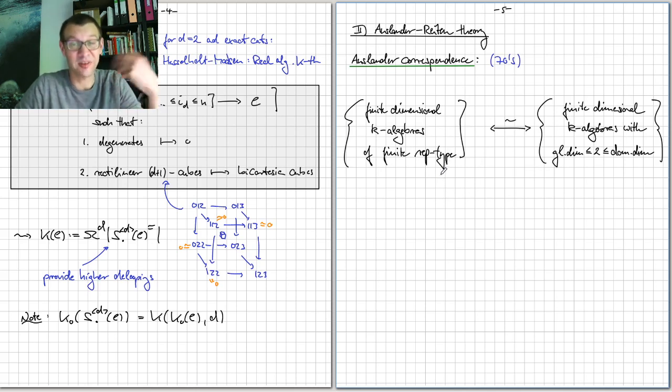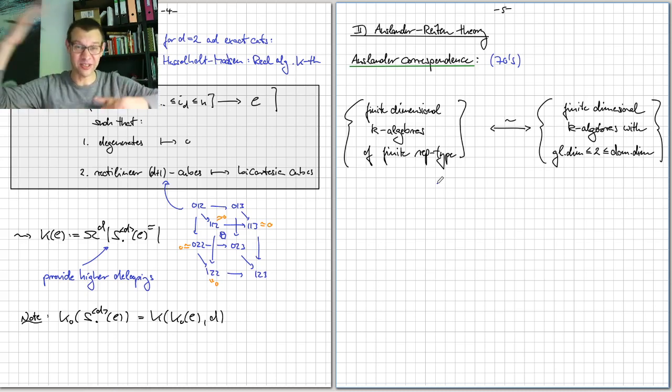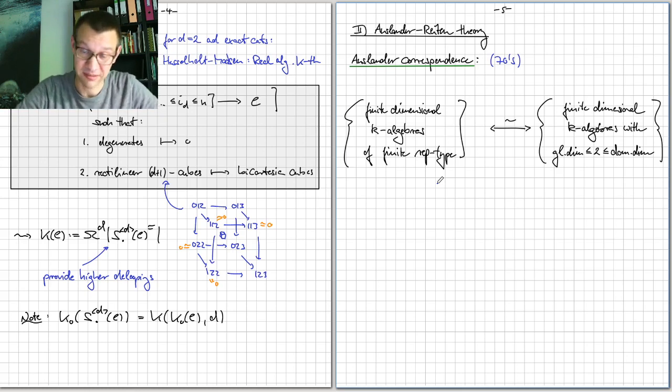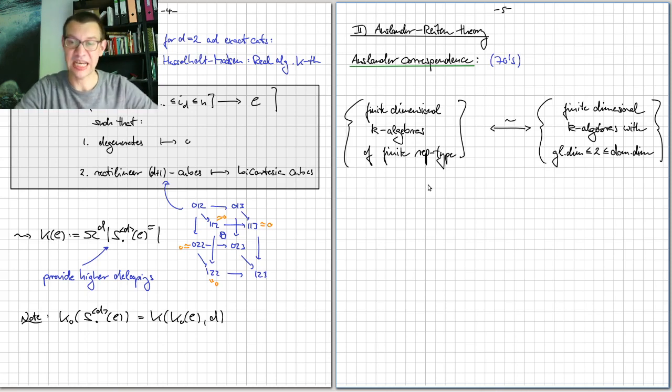It means there are finitely many indecomposable representations, and the typical question is to classify them: write a list of all of them, write down morphisms between them, and understand this representation theory in a nice way. A typical example of such algebras is a quiver whose underlying graph is of Dynkin type.